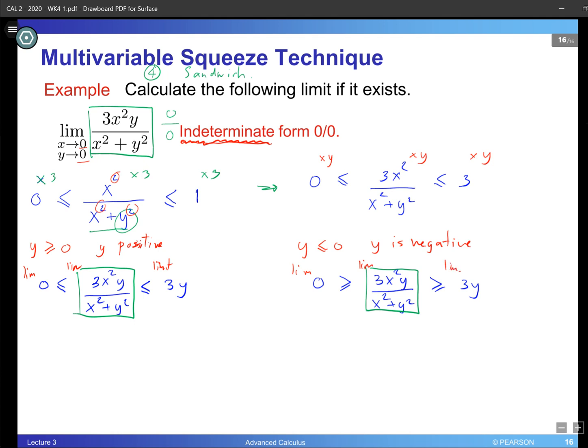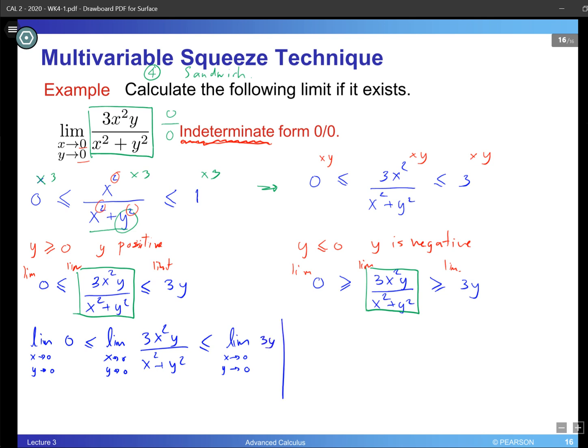So here we are going to have the limit as x goes to 0 and y goes to 0 of 0, less than the limit as x goes to 0, y goes to 0 of 3x squared y divided by x squared plus y squared, less than or equal to the limit as x goes to 0 and y goes to 0 of 3y.